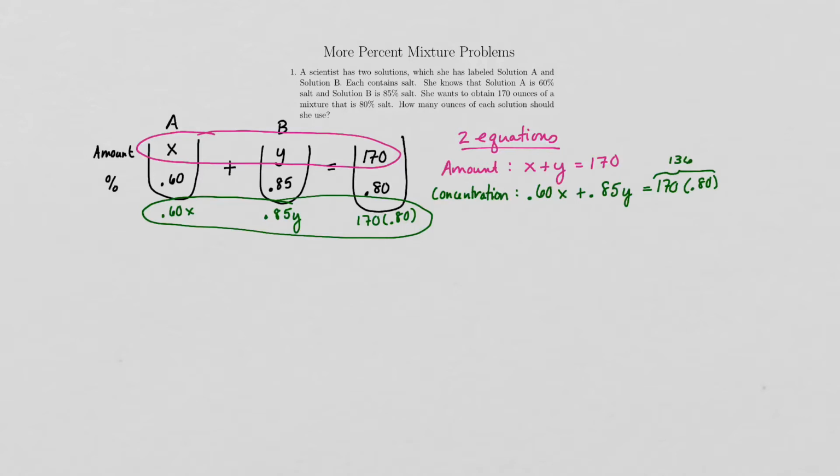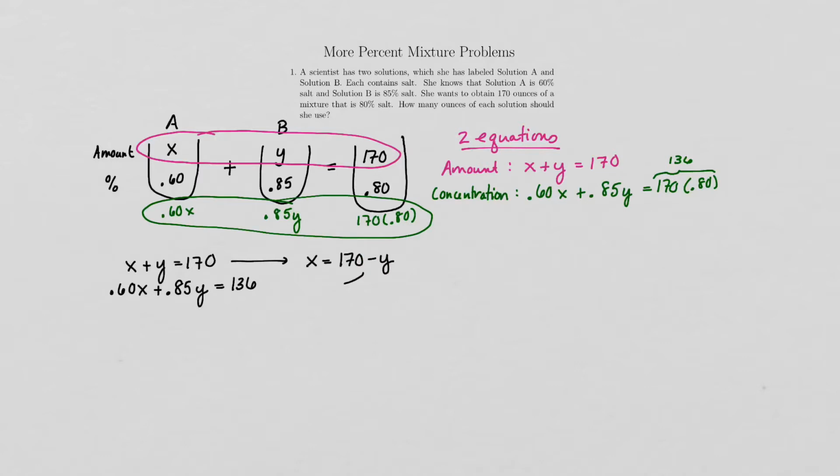So I now have two equations to work with. I have x plus y equals 170, and I have 0.60x plus 0.85y equals 136. What I'm going to do is take this first equation and solve it for x or y. It doesn't matter. I'll pick x. If I solve it for x, I need to subtract y from both sides, so x is going to end up being 170 minus y.